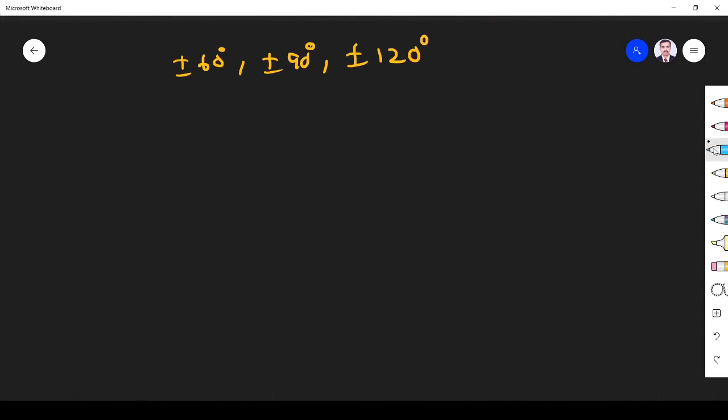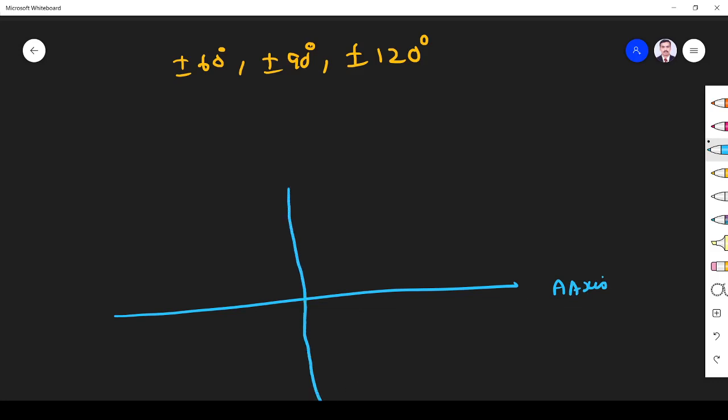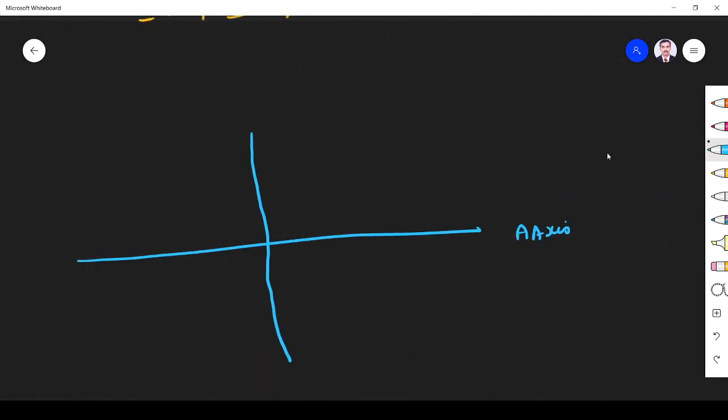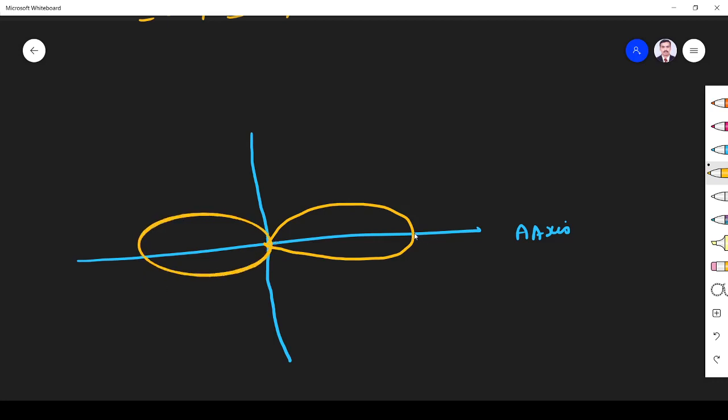Here you see the antenna array axis. We have 6 elements and we know it is an end-fire array. So maximum radiation occurs along the direction of the antenna axis, so it will be like this. We know it is 0 and 180 degrees: 0, 90, 180, 270.